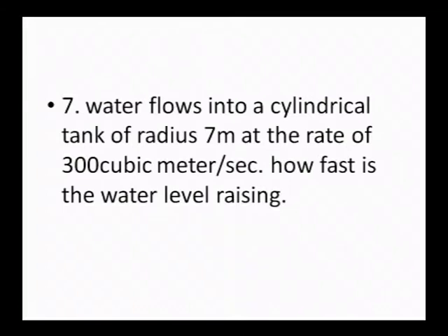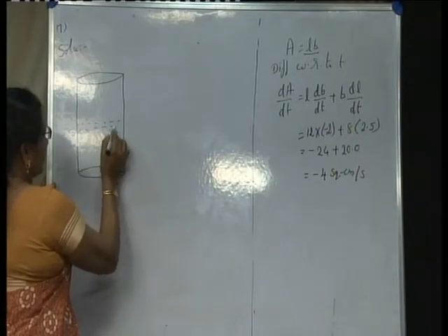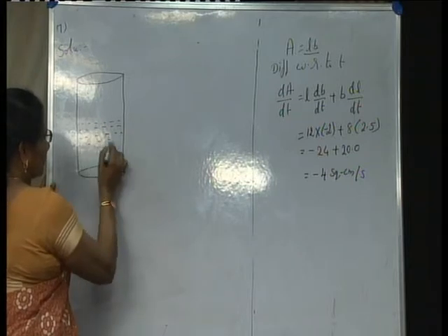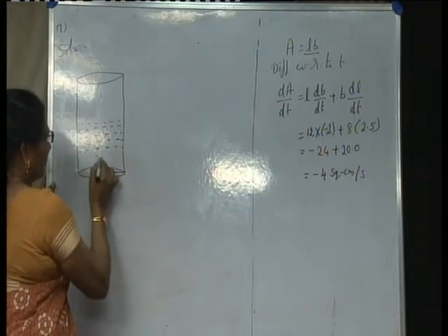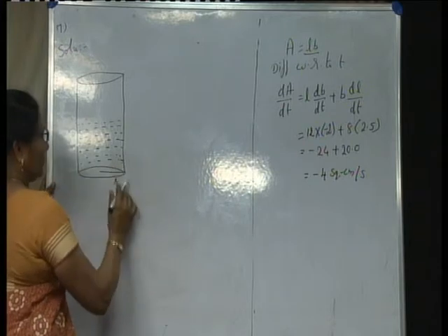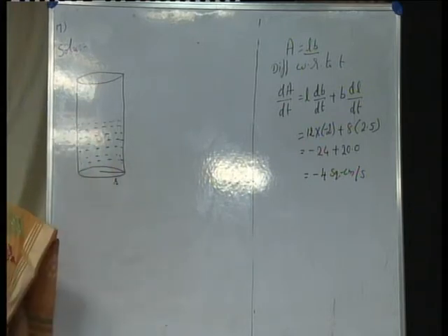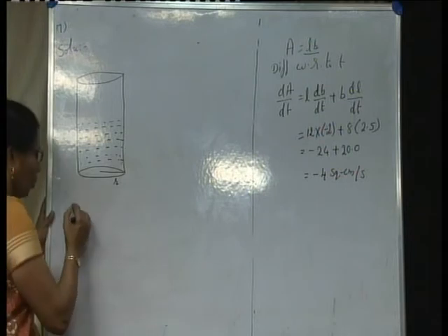So, this is a cylinder. Volume of the cylinder is equal to pi r squared h. The water level increases, and we know it very well, radius is constant from the top to bottom.